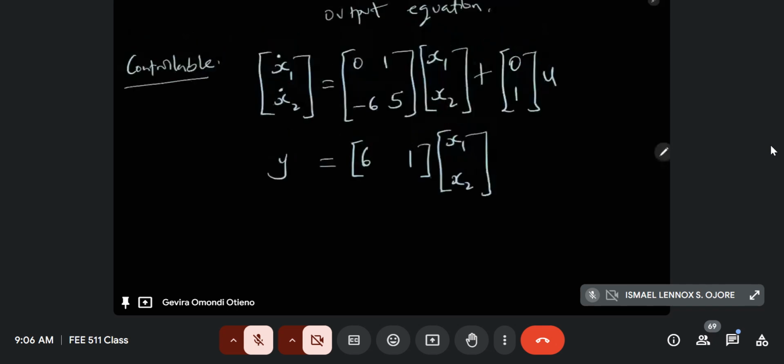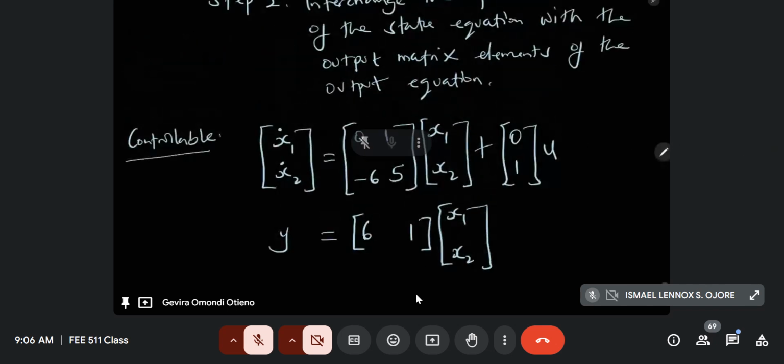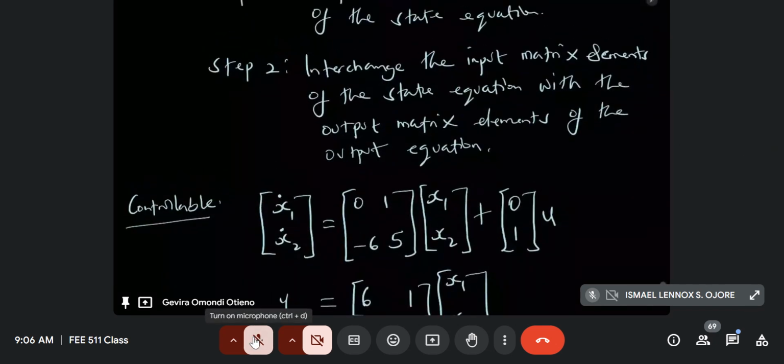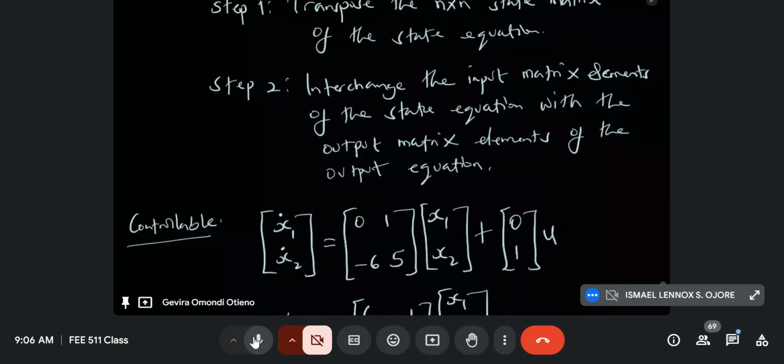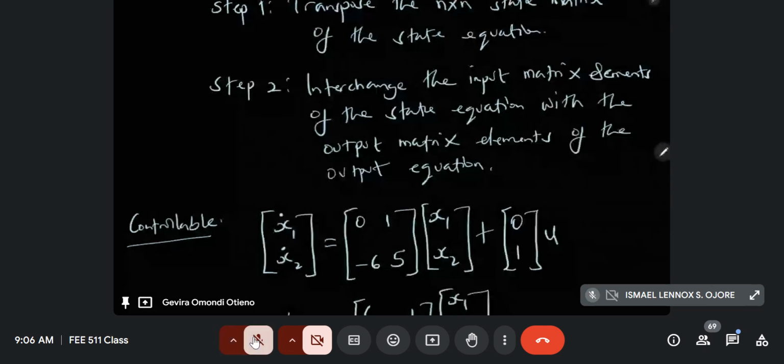Okay? Now, this is the controllable canonical form. Don't forget that. But now, to convert this to observable, we are told, number 1, we have to transpose the n by n state matrix of the state equation. Yes?